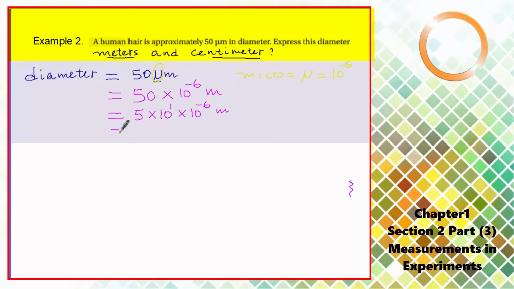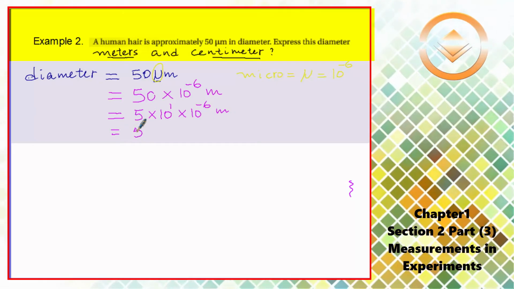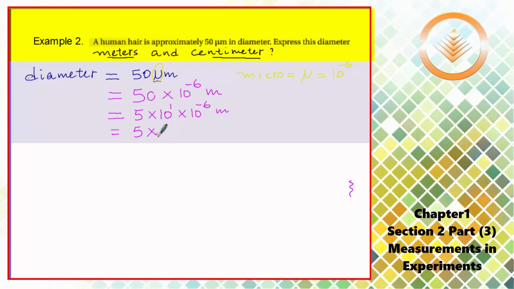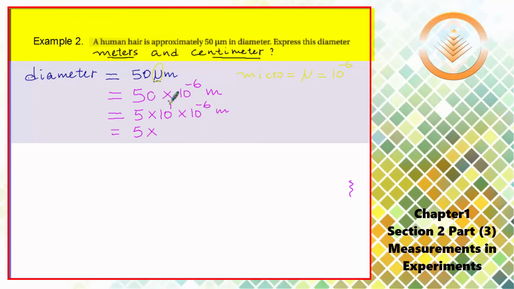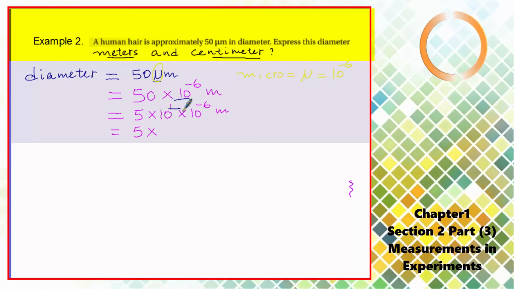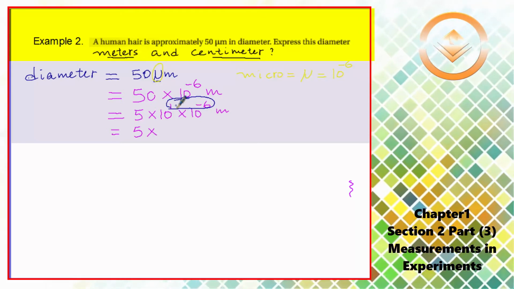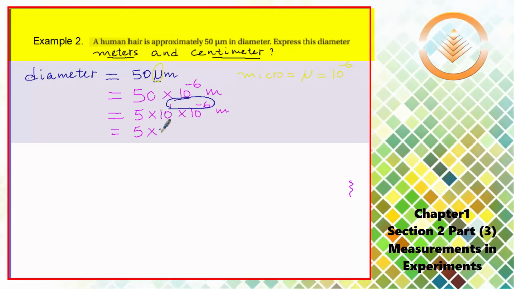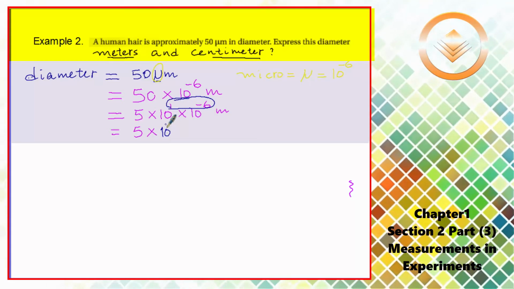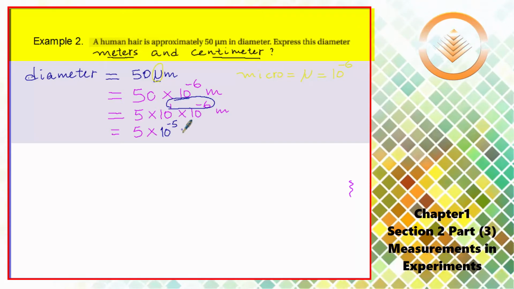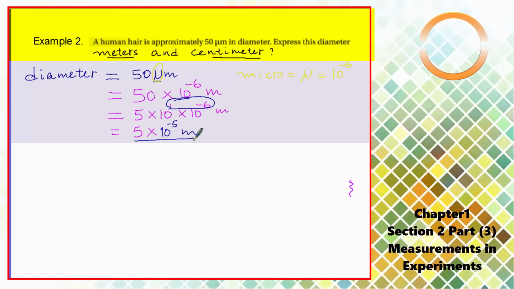This is the same as 5 multiplied by 10, and they have the same base, so we add the exponents. If two numbers have the same base, we add the exponents. That is 10 to the power of 1 minus 6, which is negative 5 meter. This is the first answer.